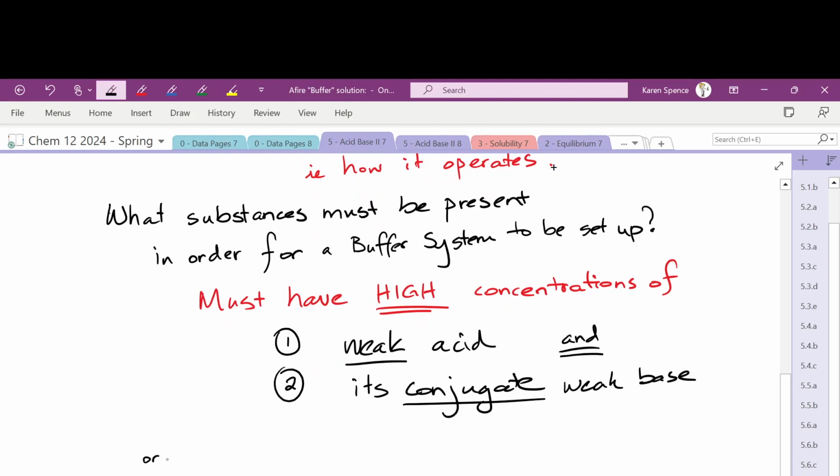Or, and we didn't cover this last time, but you might be able to guess, a weak base and its conjugate weak acid, yes.